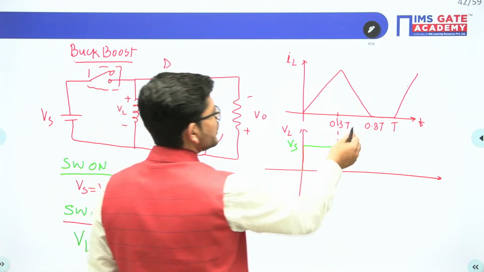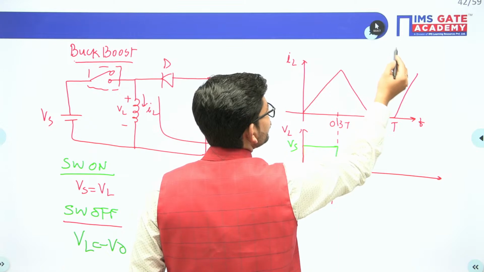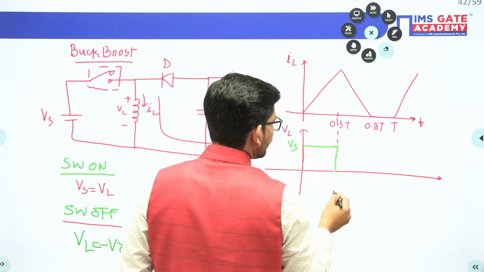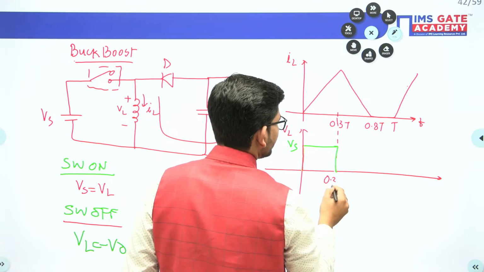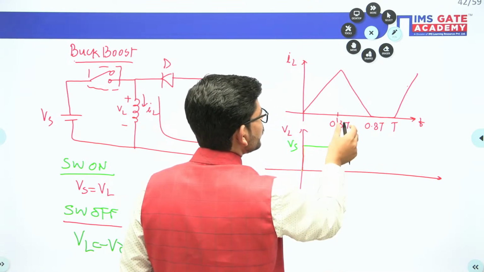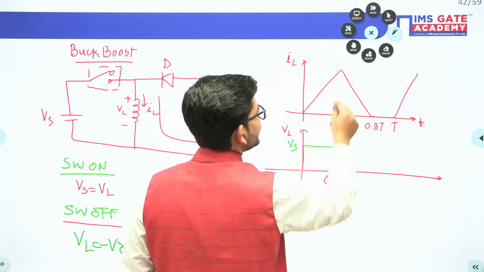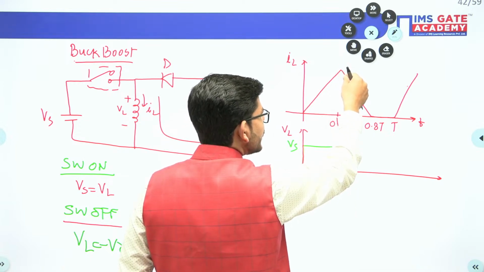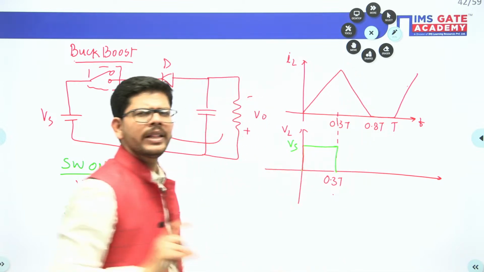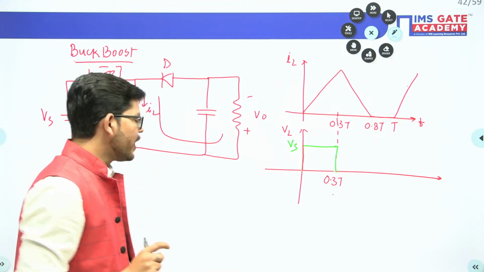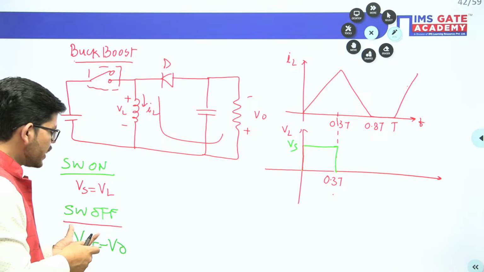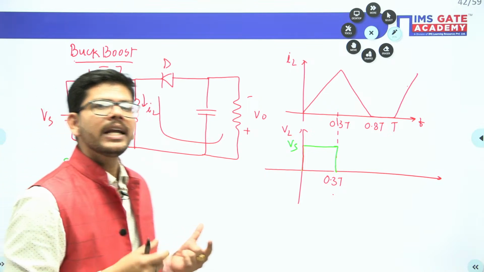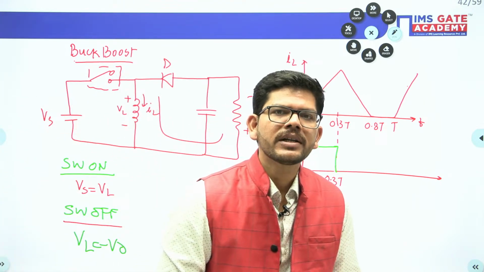And now from this particular moment, what is this duration? This duration is 0.3T. And during this moment from 0.3T to 0.8T, you can see the inductor current is decreasing. Whenever your switch is off, that is the moment your inductor current will decrease.